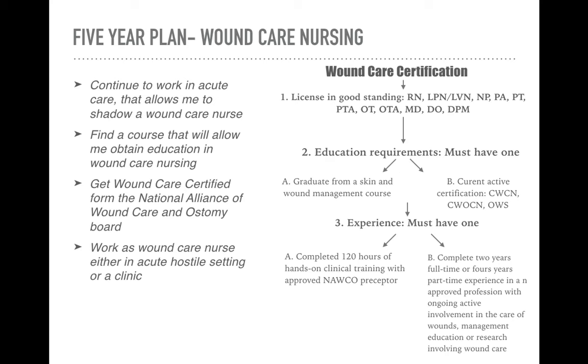You do have to have a license in good standing of any of those listed licenses. I would have an RN. Education requirements, you have to have one of the two: graduate from a skin and wound management course or a current active certification.